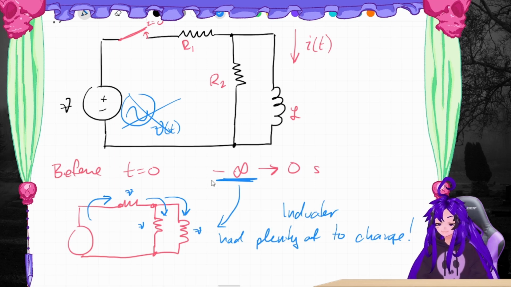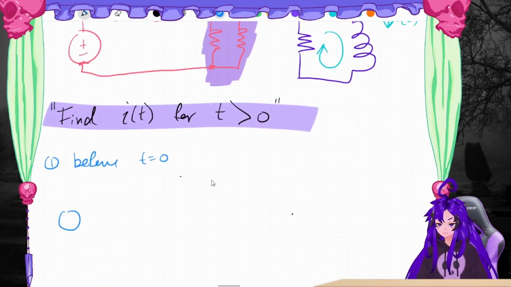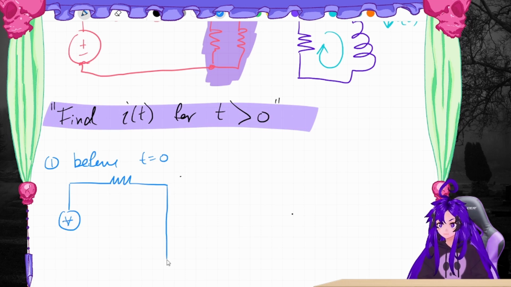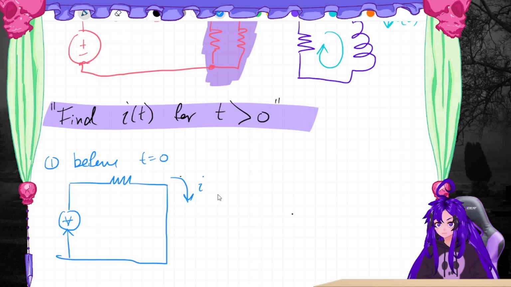So before t of 0, we had this. We had just a resistor, just a voltage source. It went around. It did stuff. And this current is just Ohm's law.